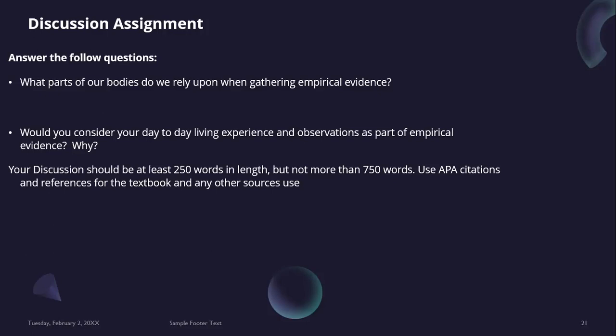What parts of our bodies do we rely on upon gathering that empirical evidence? Would you consider your day to day living experience and observations as part of empirical evidence? Why? I am going to emphasize the importance of the minimum and the maximum, but more specifically, the minimum in terms of word length in your posts. All right. So make sure you look at that.